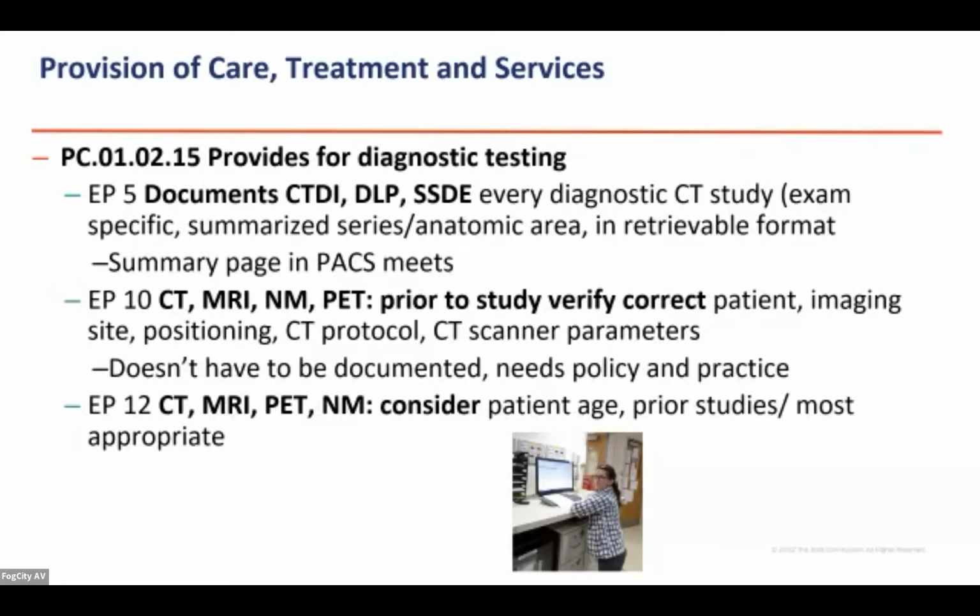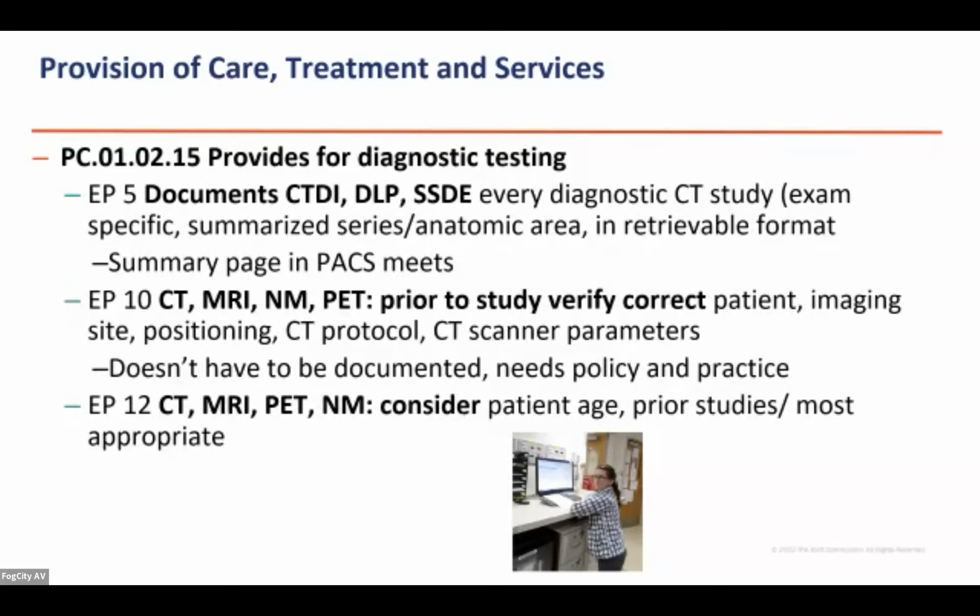And EP5 says that you're documenting some value that gives you an indication of what kind of radiation exposure you're submitting your patients to. So we let the organization decide what they're going to use as their value.